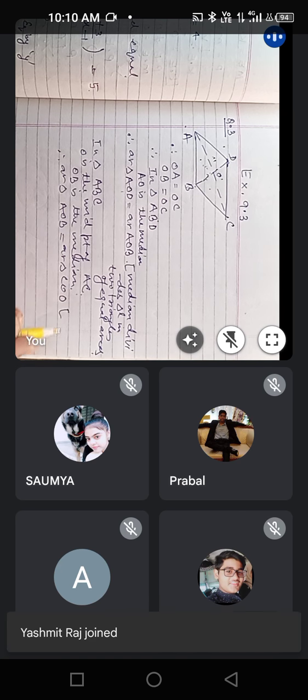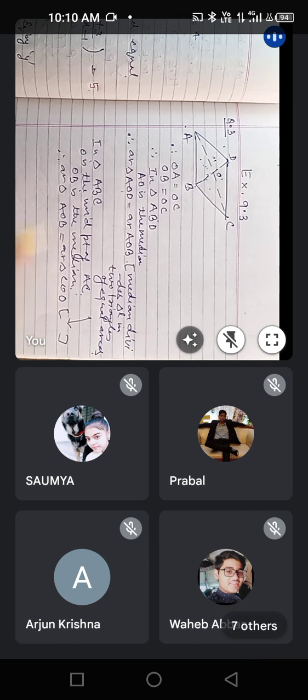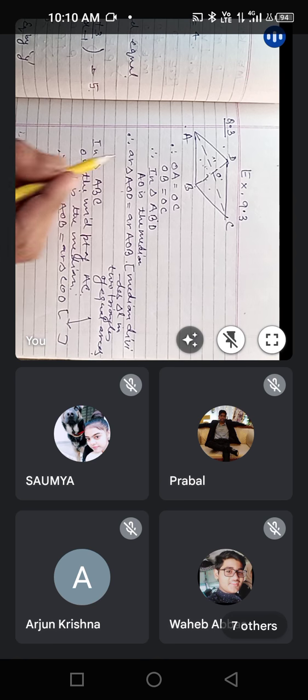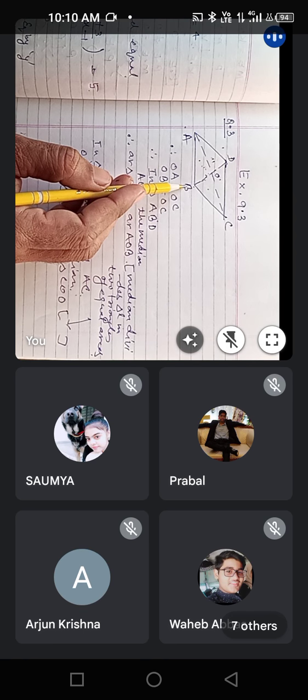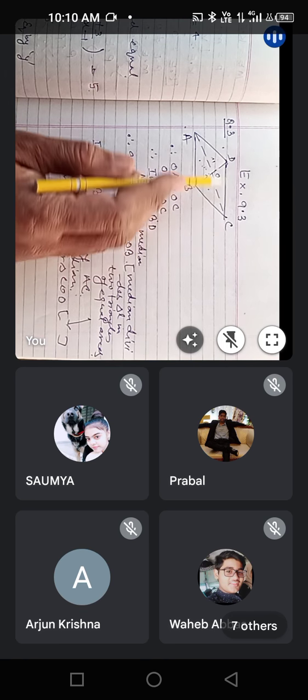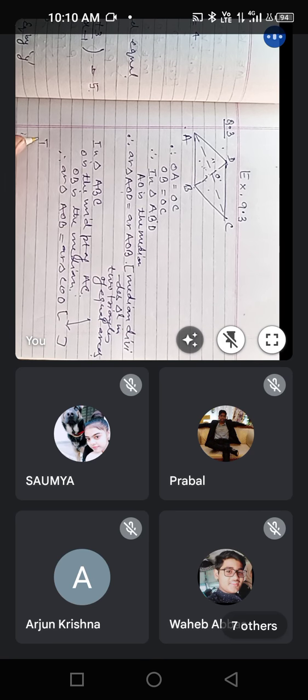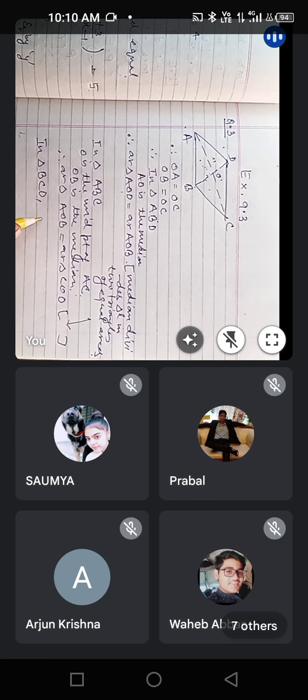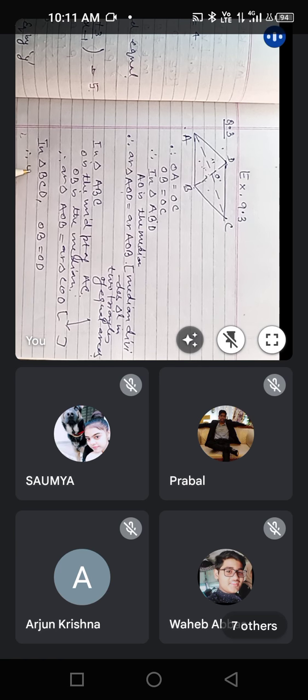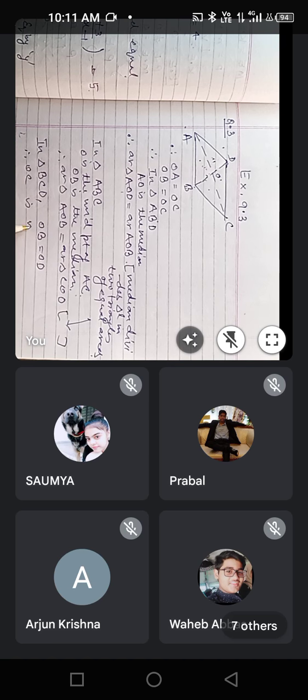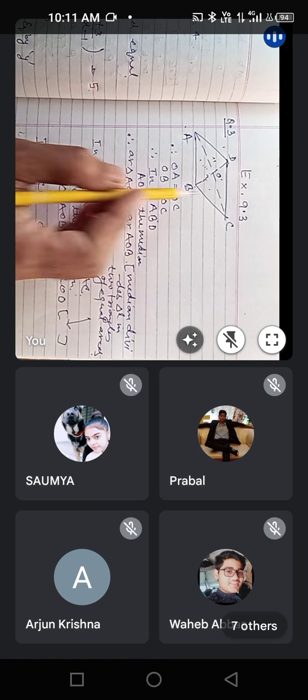The same reason you can write here. Next, again you see in triangle BCD, O is the midpoint, so OB is equal to OD. Therefore OC is the median.